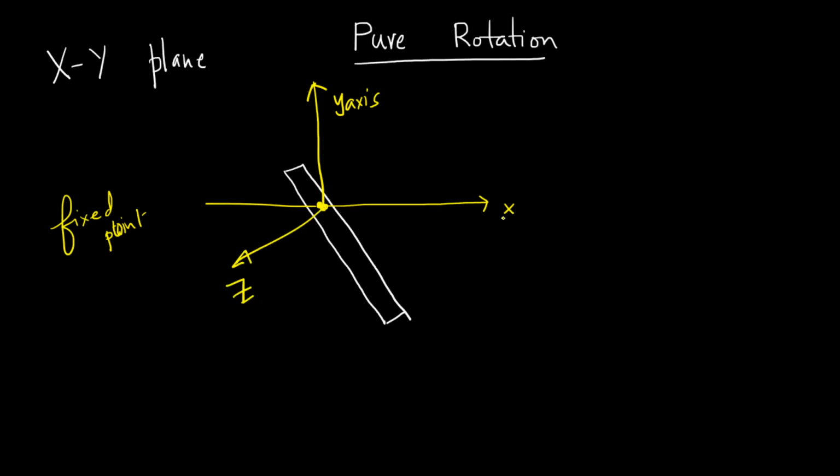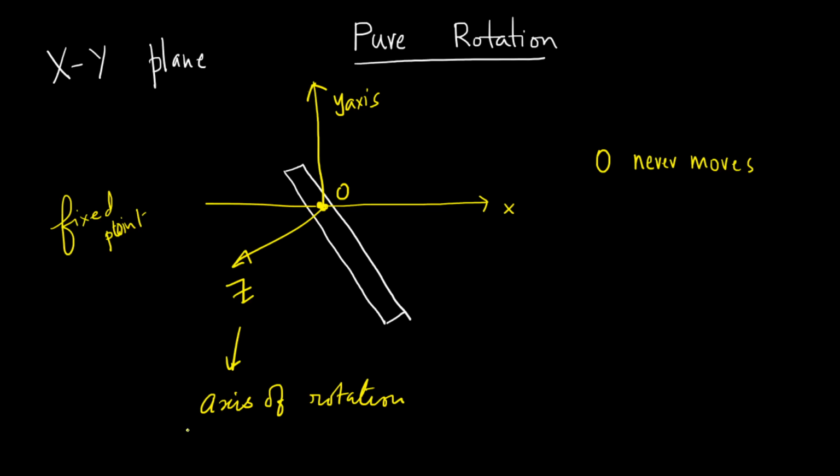It's perpendicular to the plane of the board. Now this is going to be the axis of rotation, and please note that this point, let's call it O, never moves. So O never moves. So therefore, I hope clear enough, this is an example of pure rotation.